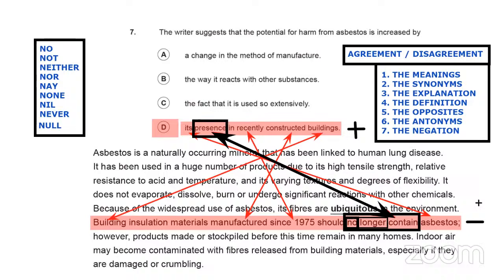For example, straight: in a straight line. That is the explanation. The next one, definition. Gravitation, for example. The definition means the force by which the earth pulls objects. What is gravity? Gravitational force, that means the definition.